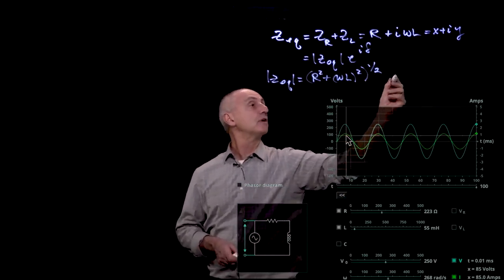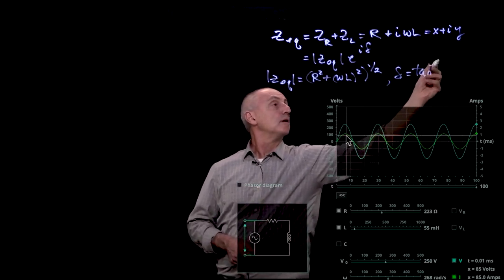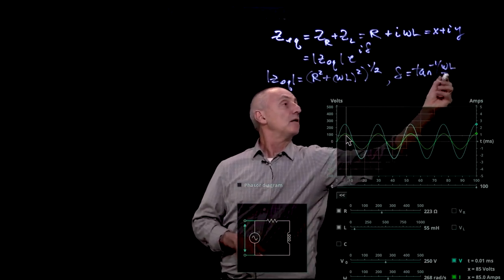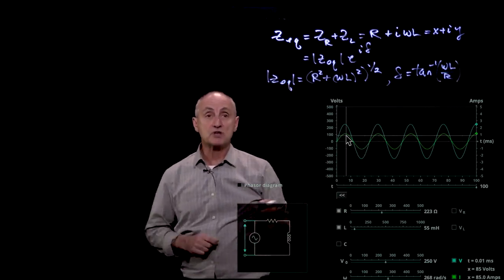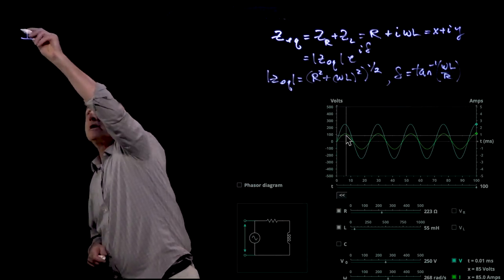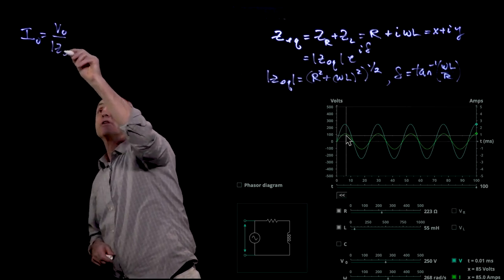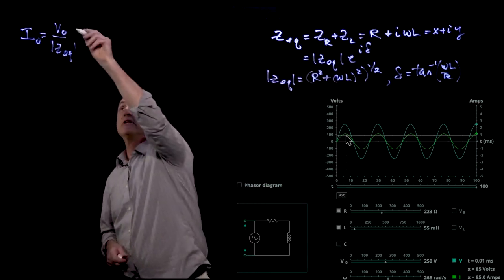And the phase, delta, is the inverse tangent of y over x. So that's omega L over R. And that's all we need to solve this circuit, because our amplitude, we know, is V0 over the modulus of the equivalent impedance. And that's easy to write down.